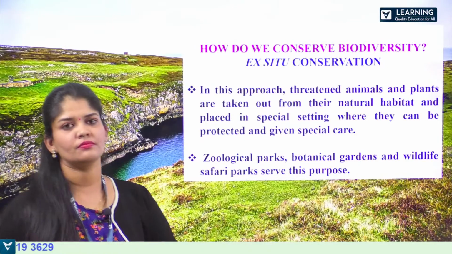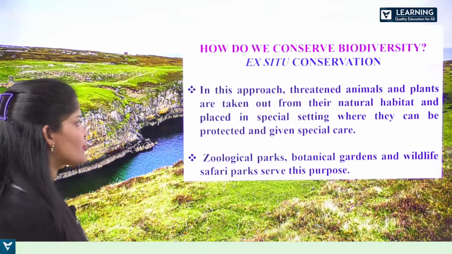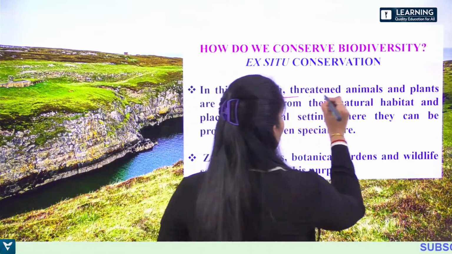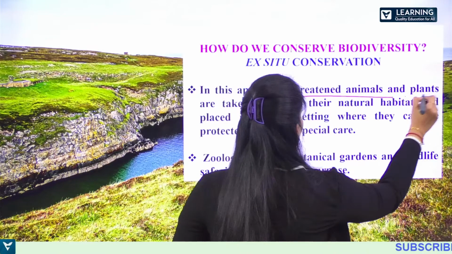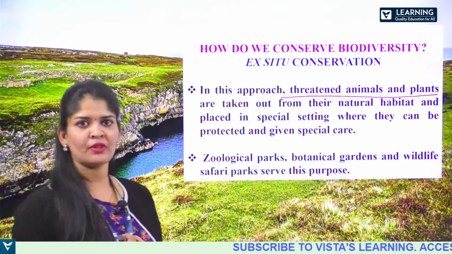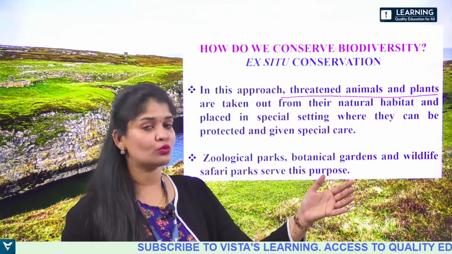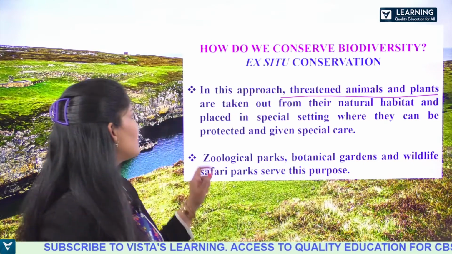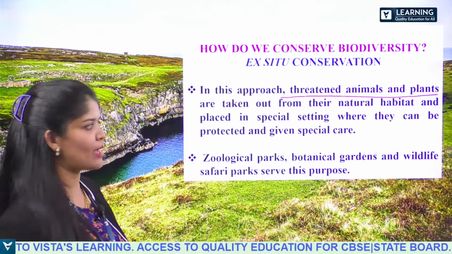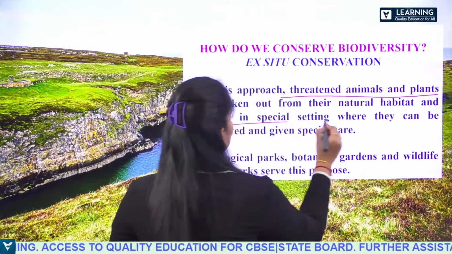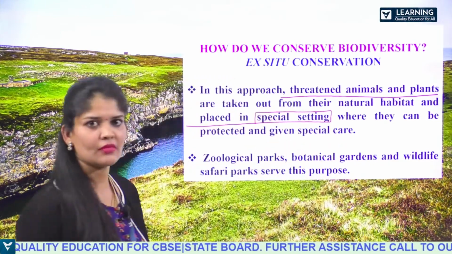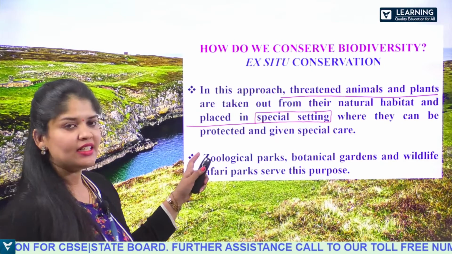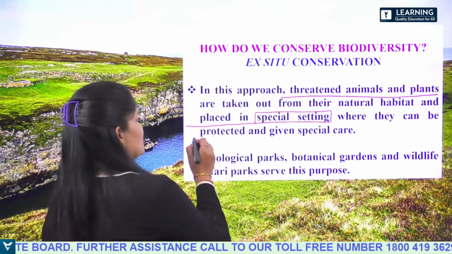Now, in this approach, threatened animals as well as threatened plants, that means endangered species, which are very close to extinction, right, are taken out from their natural habitat and placed in special settings where they can be protected and given special care.